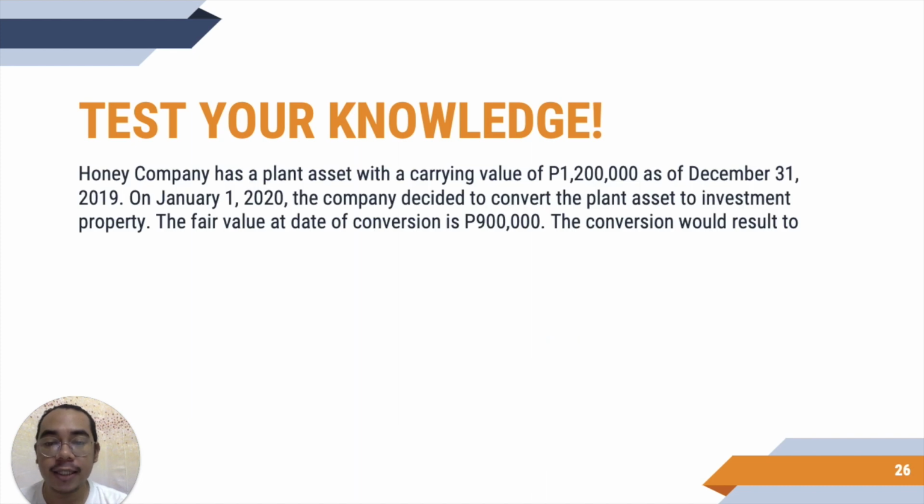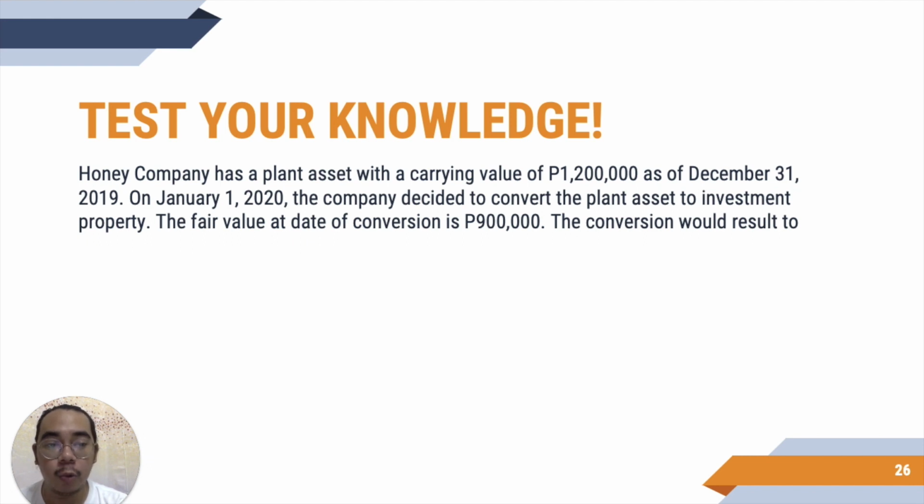Honey Company has a plant asset with a carrying value of 1,200,000 pesos as of December 31, 2019. On January 1, 2020, the company decided to convert the plant asset to investment property. The fair value at date of conversion is 900,000 pesos.